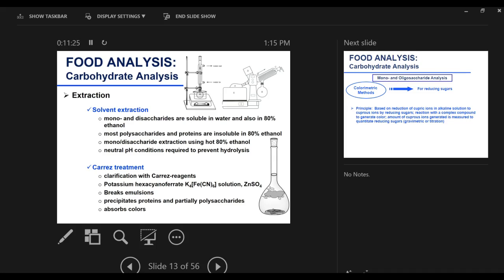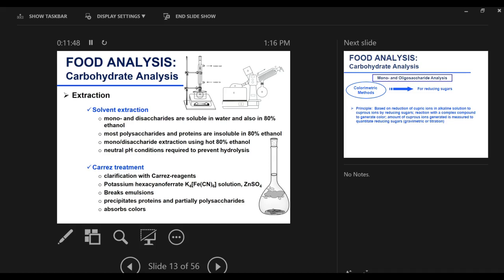Then my sample is in here with proteins and fiber and carbohydrates, and then my small sugars. My small sugars will be soluble in ethanol, while everything else will precipitate. So large polysaccharides and proteins are insoluble in 80% ethanol.